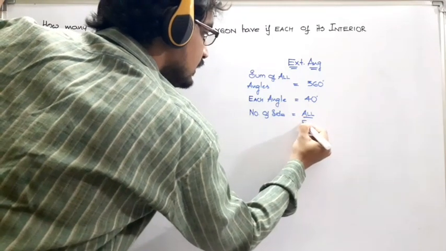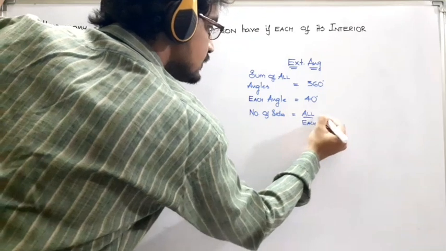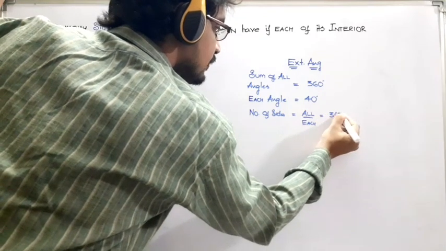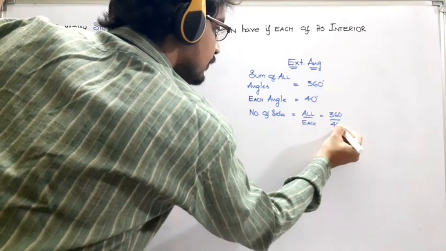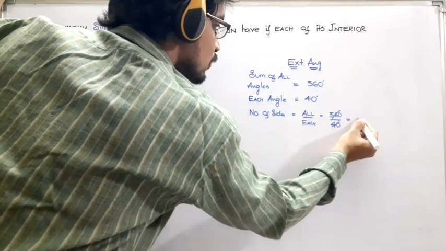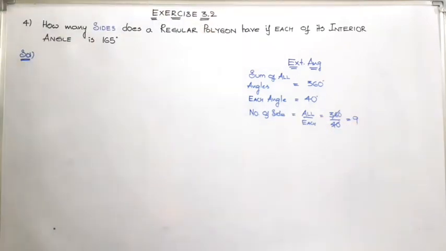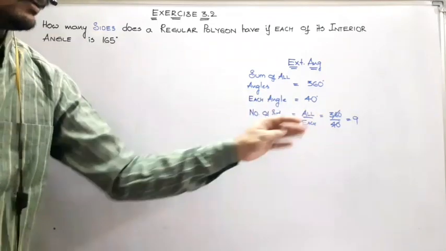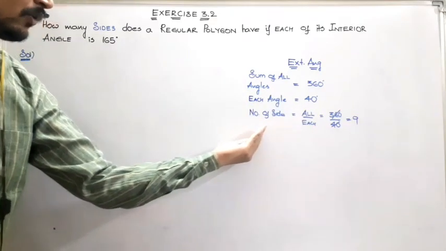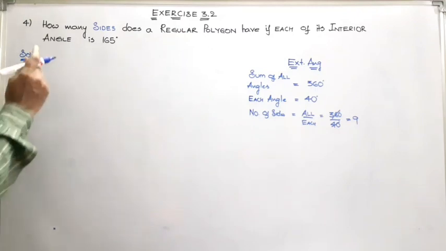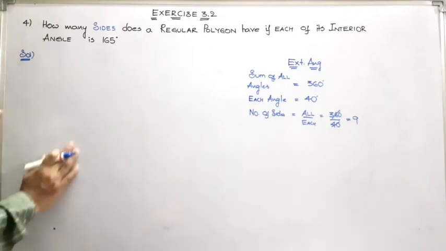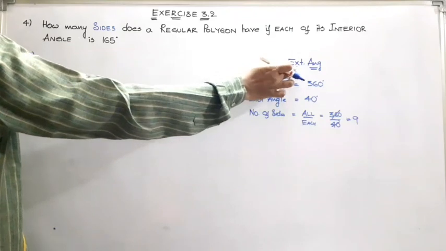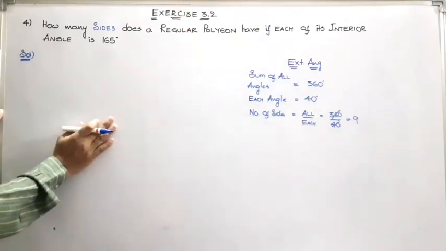All by each gave us the number of sides, which is 360 divided by 40 degrees, which makes 9. So how many sides are there in such a polygon if the exterior angle is 40 degrees? 9. We want to use the same concept for the solution of this. Look, the change here is that exterior became interior.